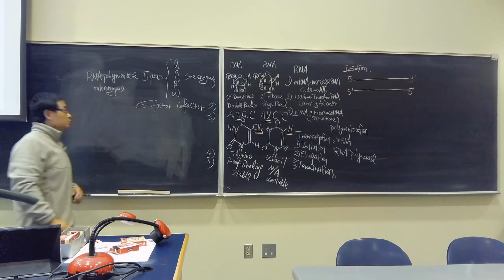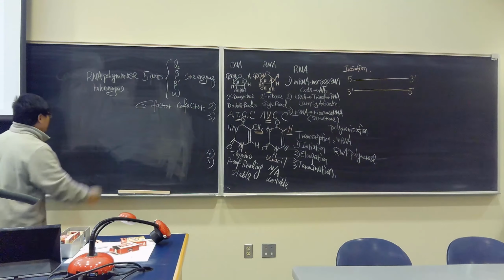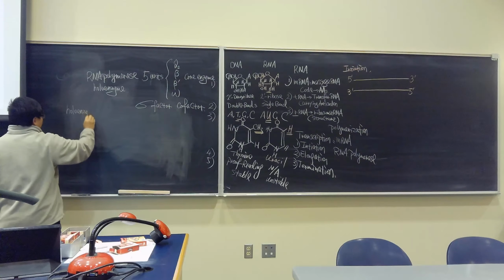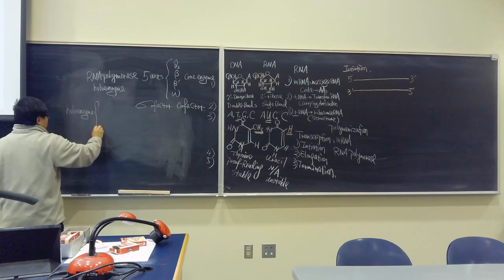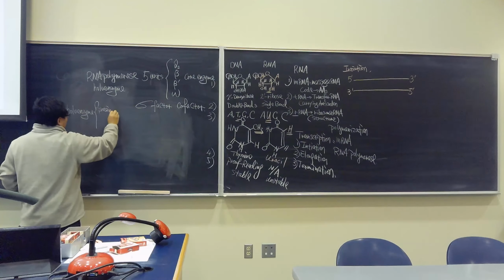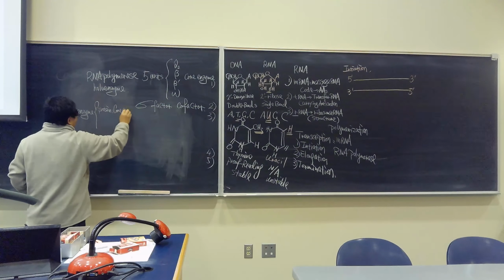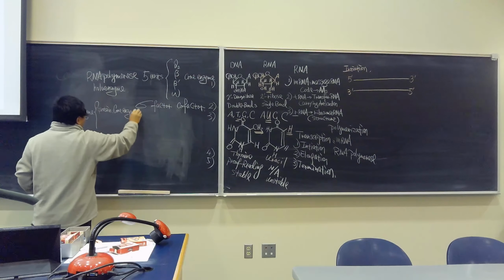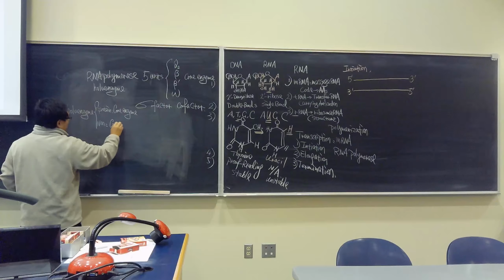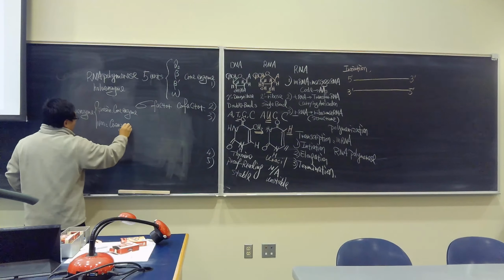So here we could briefly review the enzyme. If this is a holoenzyme, it is composed of a protein part, called the apoenzyme, and a non-protein part, which we call the coenzyme.